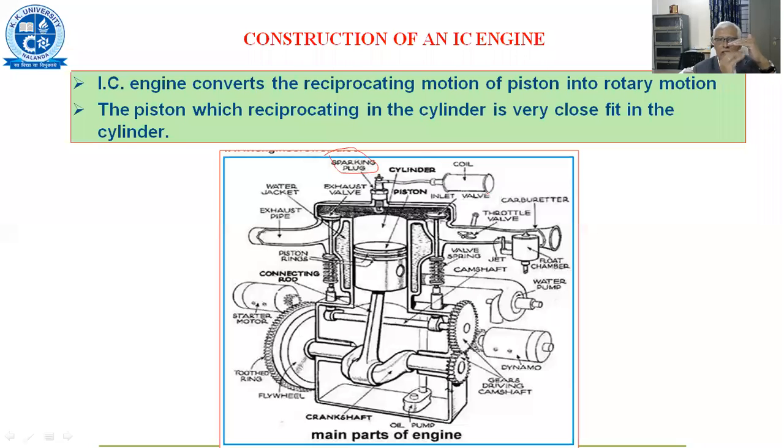The air fuel mixture gets compressed in the cylinder. At that particular time, when it is about to reach the top dead center, the ignition of the fuel happens through the spark generated by the spark plug. And this is what is called the timing for ignition by generating the spark.